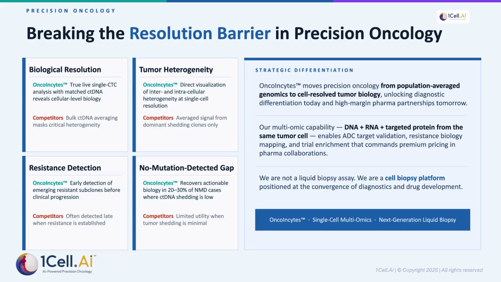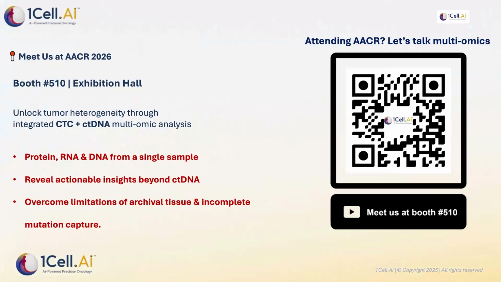So this is really an integrated cell biopsy platform that can really help us understand diagnostics and drug development, tumor evolution, and what pressure points we need to apply to the tumor at any individual time point of that tumor's progression.